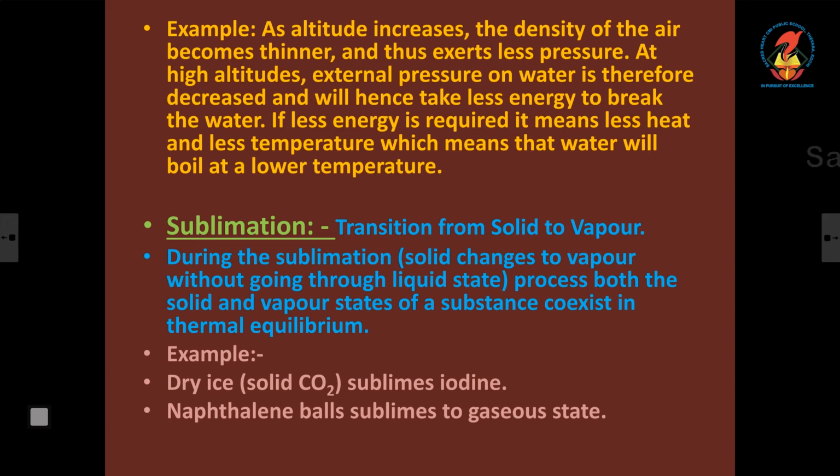And sublimation. We discussed that sublimation means transition from solid to vapor. In that process, both the solid and vapor states of a substance coexist in thermal equilibrium. Example, dry ice. Dry ice means solid carbon dioxide. That sublimes because it will not form liquid, it will directly go to the vapor state.